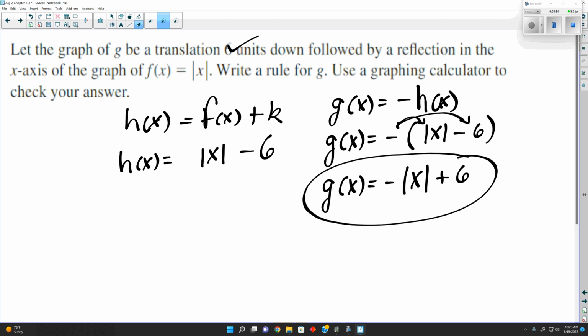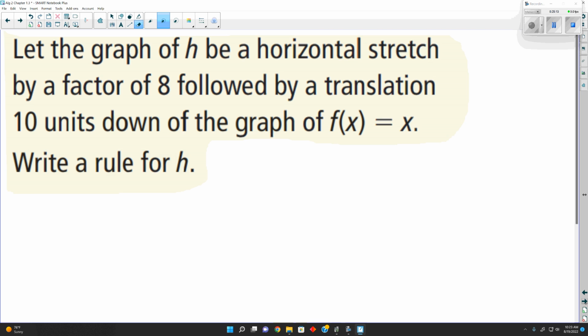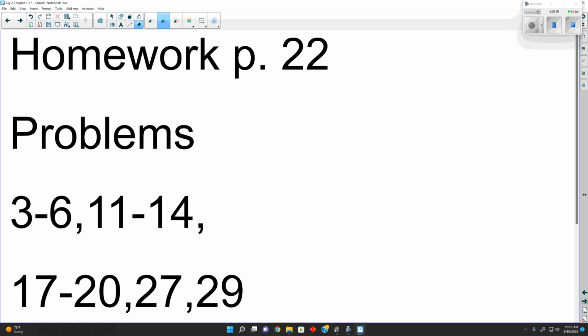And that there would be our final function. Any questions on any of this here? Okay, that's fine. And that's it. That's all we are doing for this here. So we are finished with 1.3.